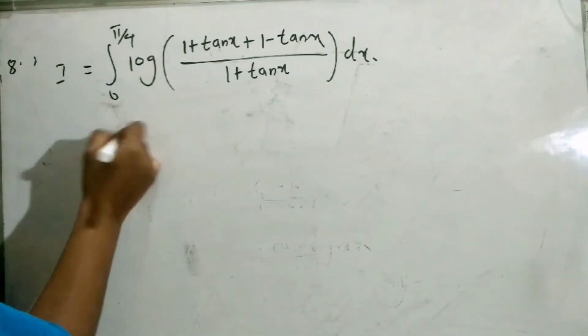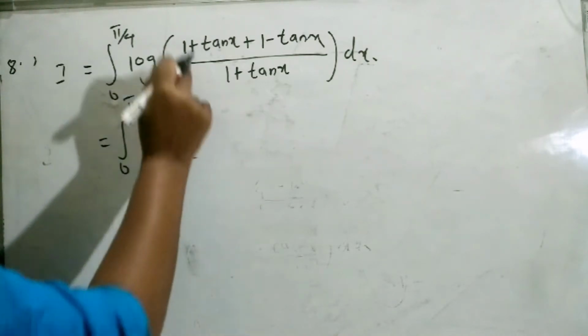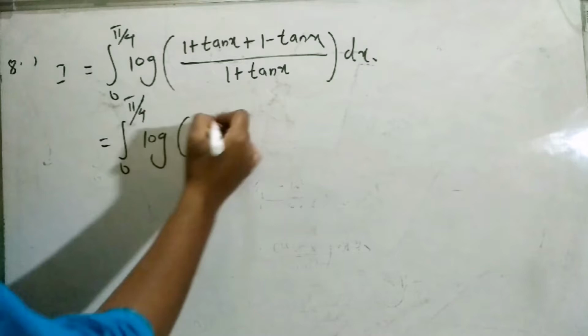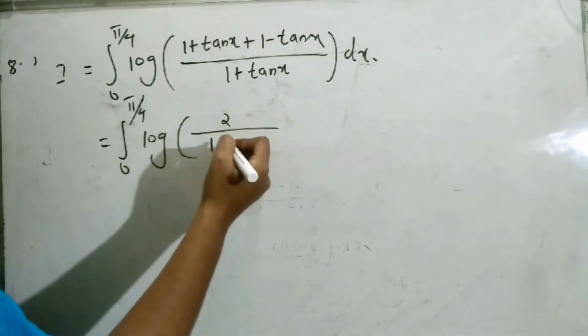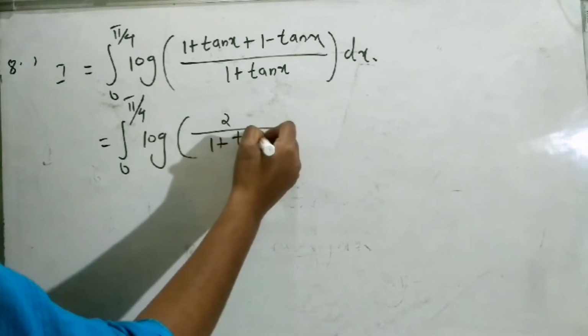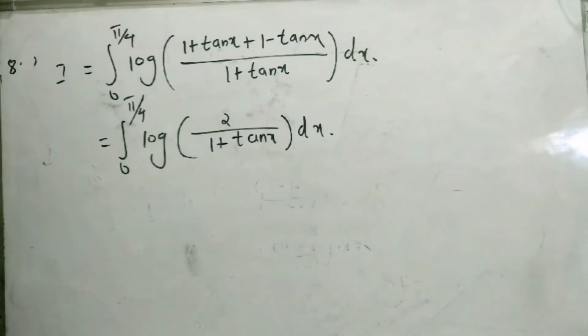And this is equal to integral 0 to pi by 4 log of 1 plus 1 is 2, plus tan x minus tan x get cancelled. So log of 2 divided by 1 plus tan x into dx. Now I am going to use the result.